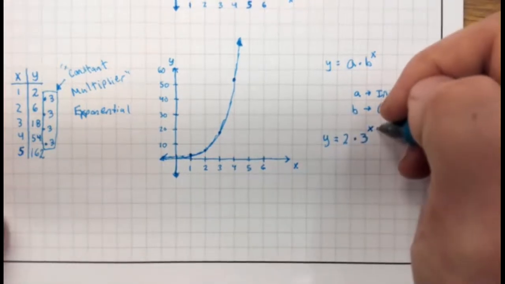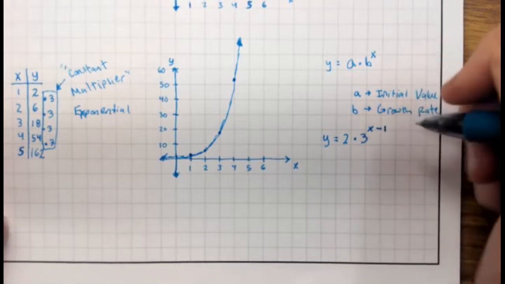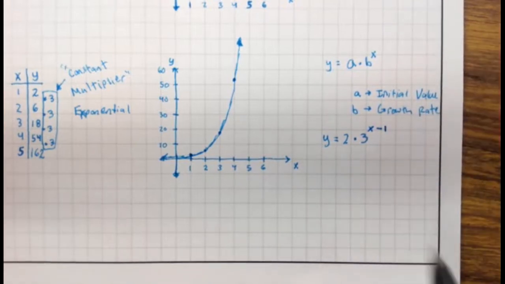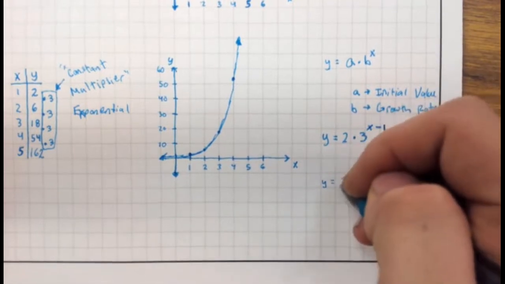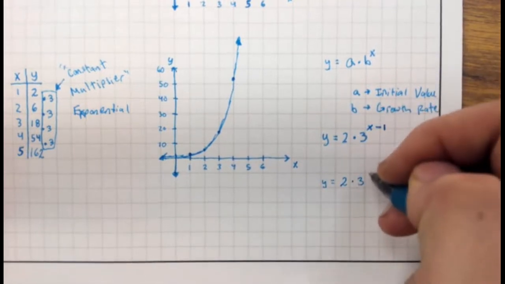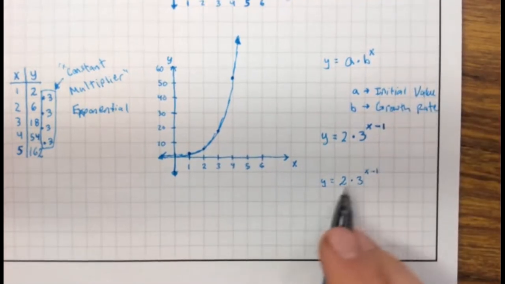So you are going to take the previous term by subtracting 1: 2 times 3 to the power of x minus 1. And we can verify that that works really easily. So y equals 2 times 3 to the power of x minus 1, right? That's our expression, our equation for now.